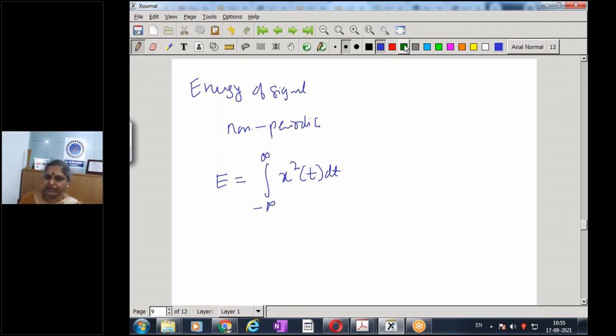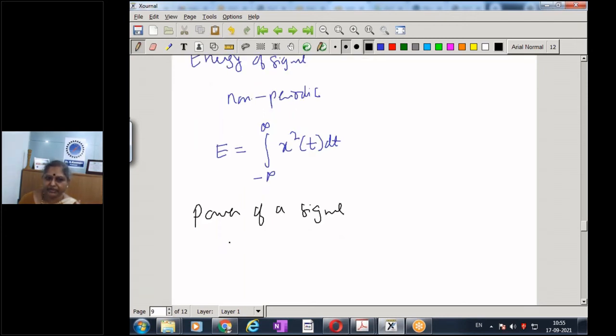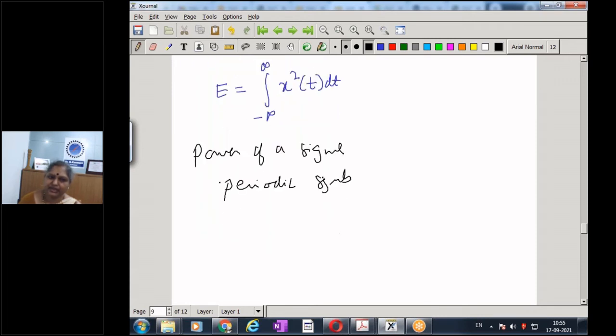Similarly, we have power of a signal. The power of a signal is given by, and usually we compute power of periodic signals, and that is given by 1 by T integral over T, again x square t dt.